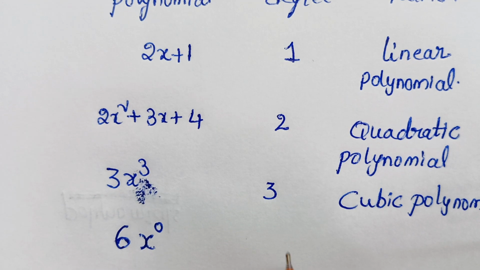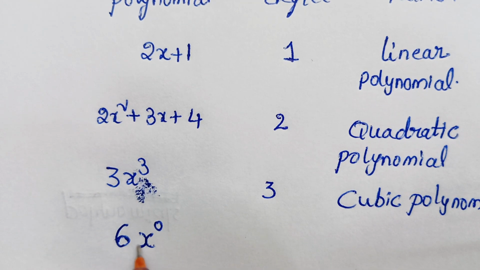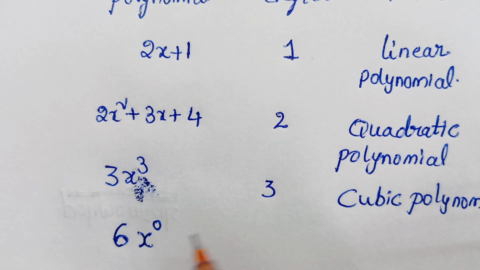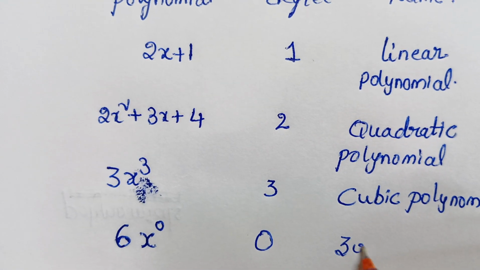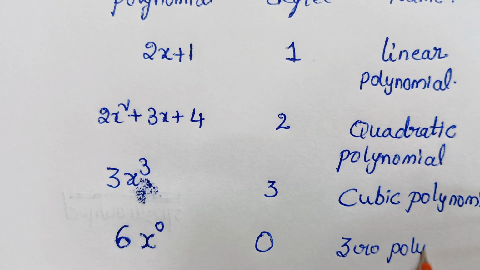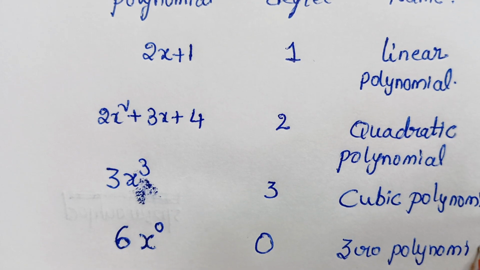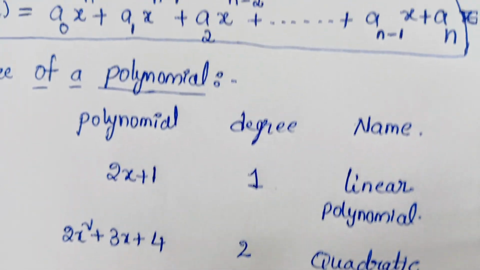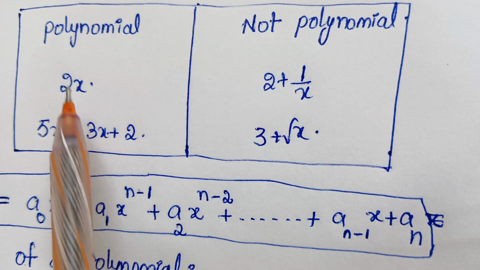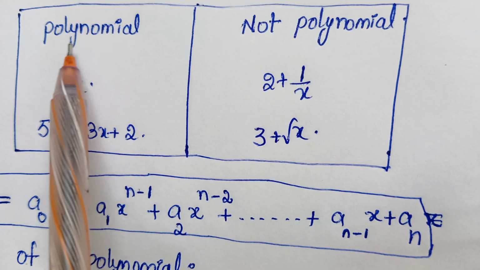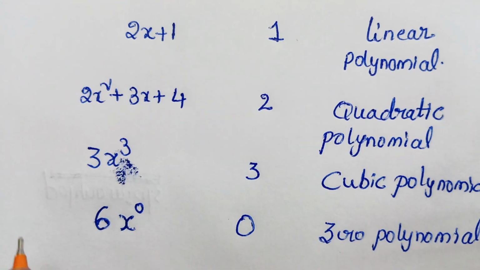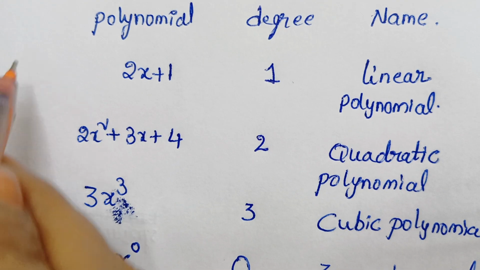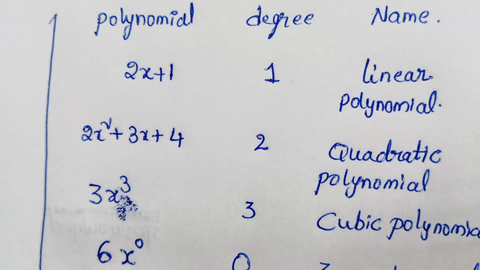So this is a polynomial. The highest power of x is 0, so the degree is 0. This is called a zero polynomial. Okay. Here, also consider which is a polynomial and which is not. Constants come under polynomials only. Okay, tabular form for this: the degrees of polynomials and the names of the polynomials.